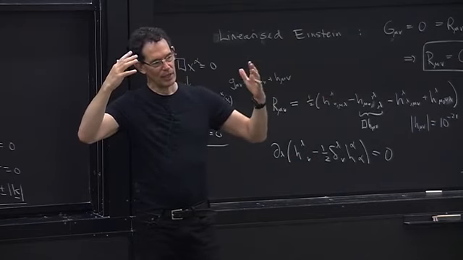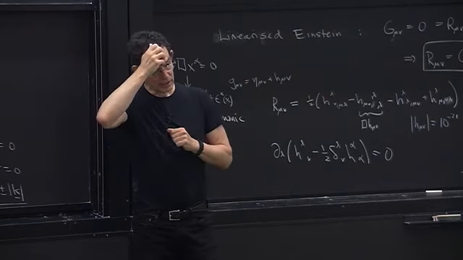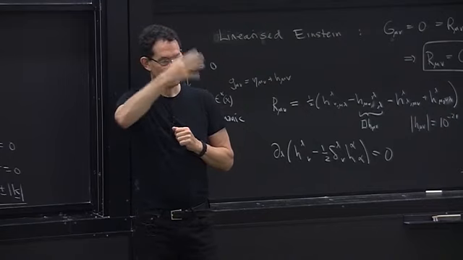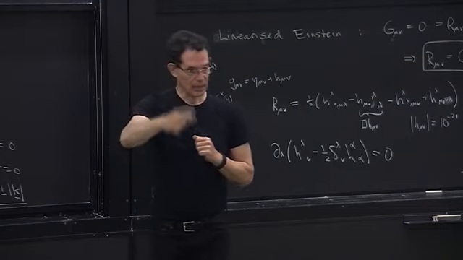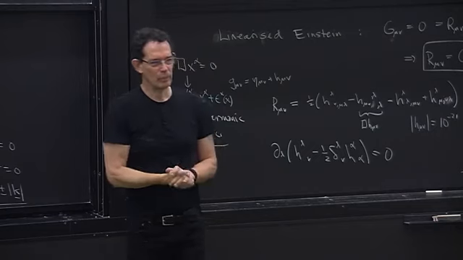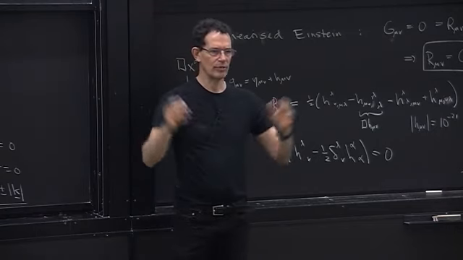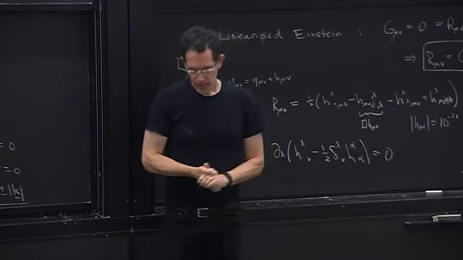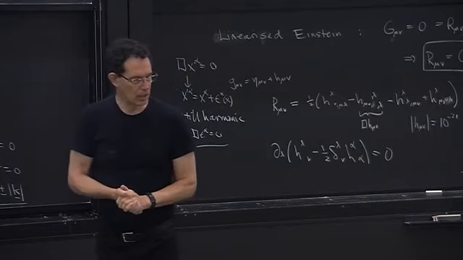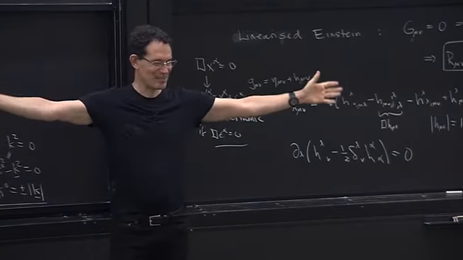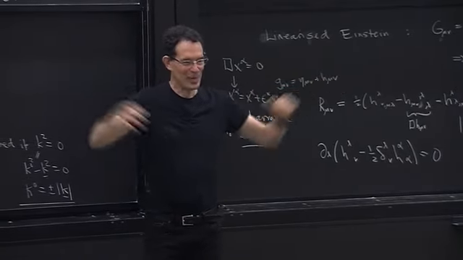Then there is LISA, which is a proposed satellite to orbit the Earth, and that will be looking for gravitational waves of wavelengths 1 million kilometers. Okay, it's in space, and you look for these waves.